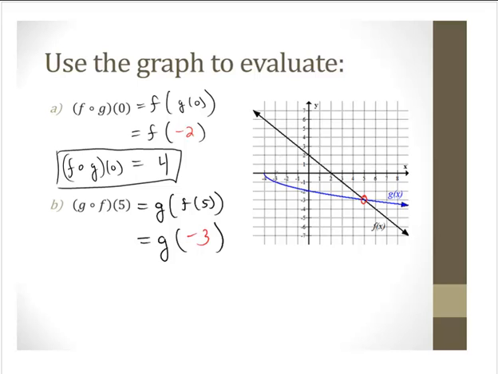Now g of negative 3 is 5. So that would give us then 5. So g composed f of 5 is 5.